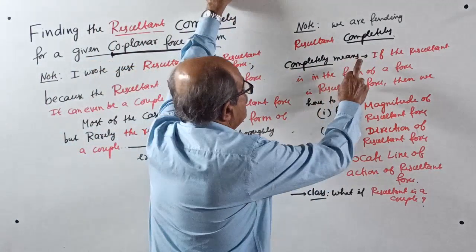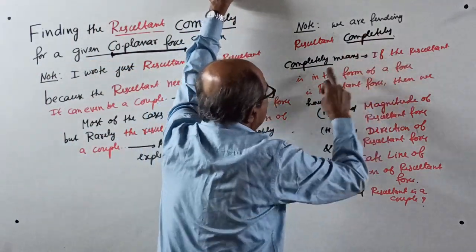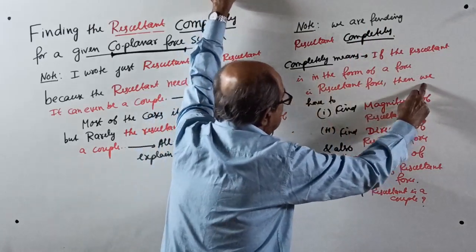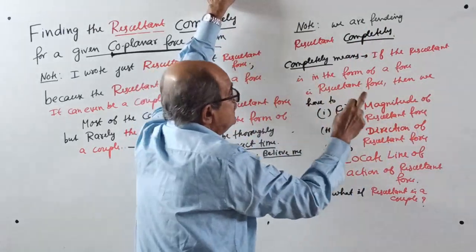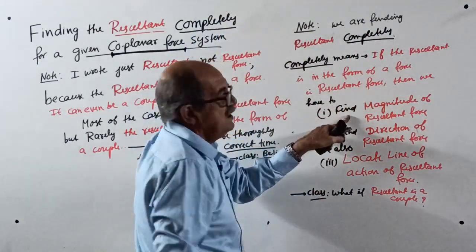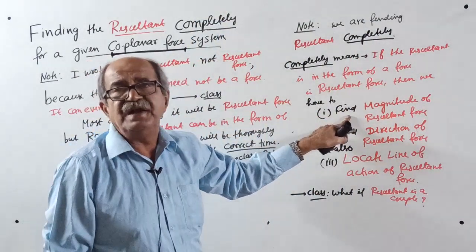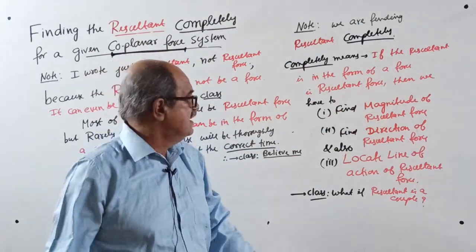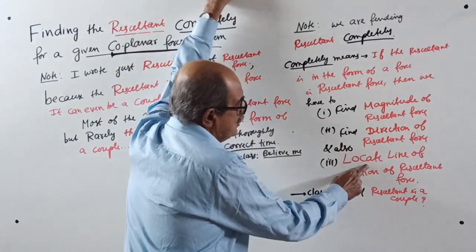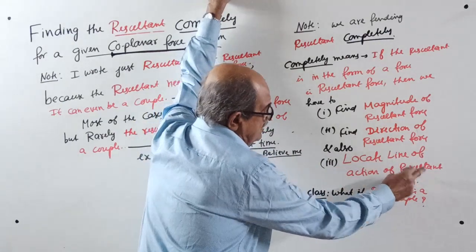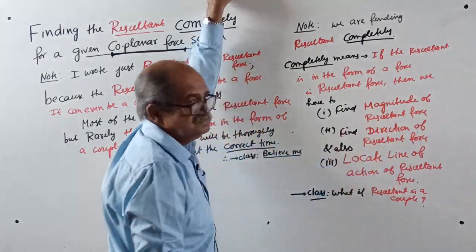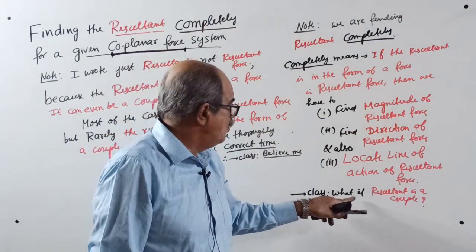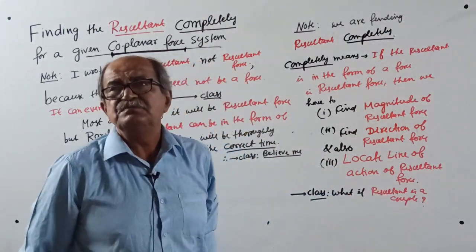Completely means if the resultant is in the form of a force, that is, if it is a resultant force, then first we have to find one, the magnitude of the resultant. Two, you have to find the direction of the resultant. Lastly, three, locate the line of action of the resultant. These three you have to find. One by one I will explain. Class, what if the resultant is a couple?